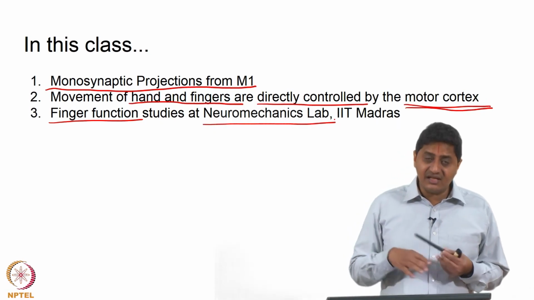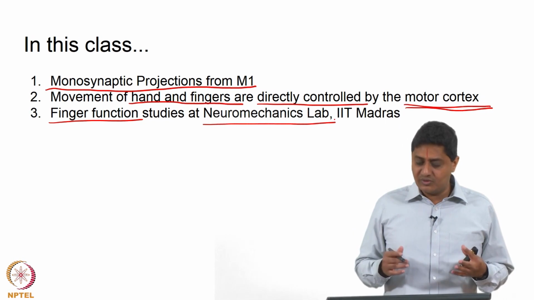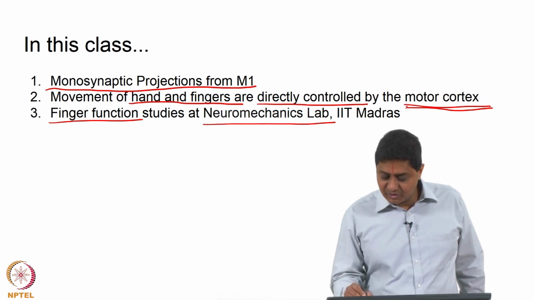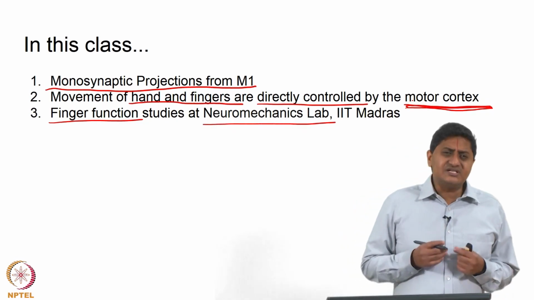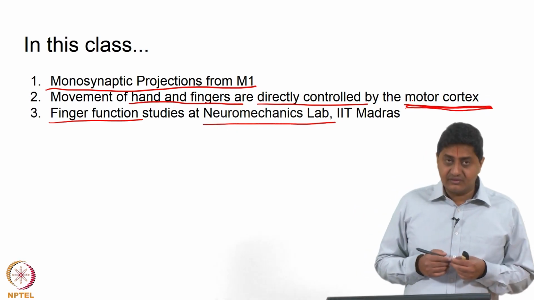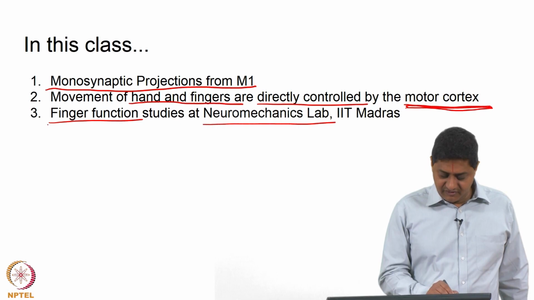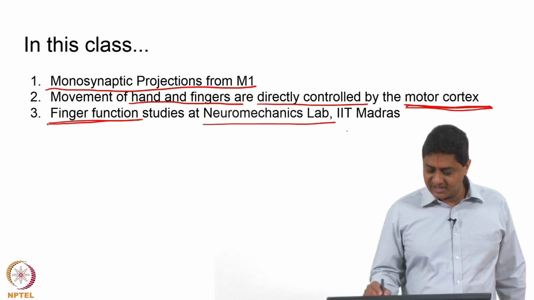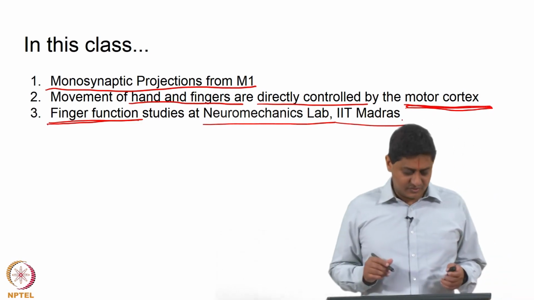By studying the hand and fingers, we could come to a more general conclusion about the functions of the motor control system, in particular the motor cortex. The strategies that are used are clearer from the studies of finger function, which is the reason why we study finger mechanics at the neuromechanics lab at IIT Madras. So, we will discuss some of our own work in today's class.